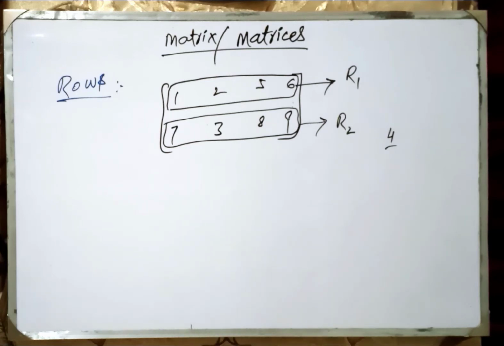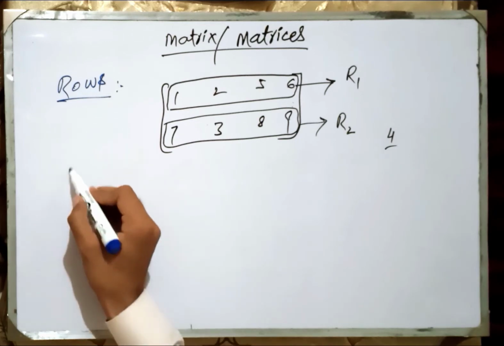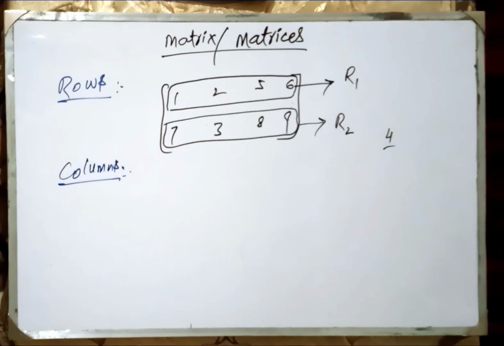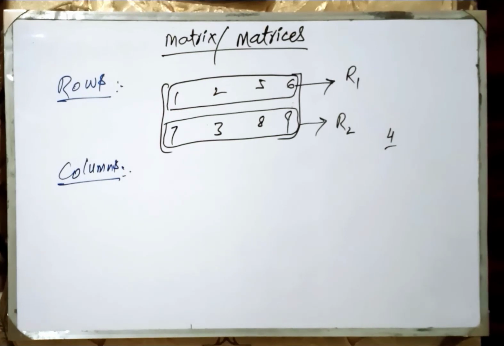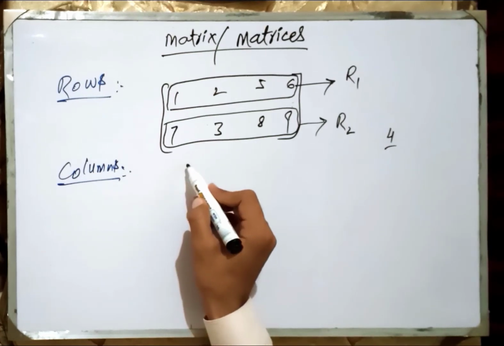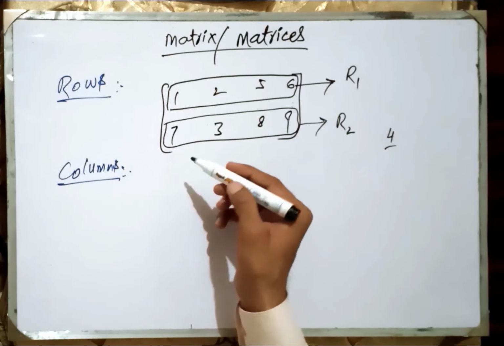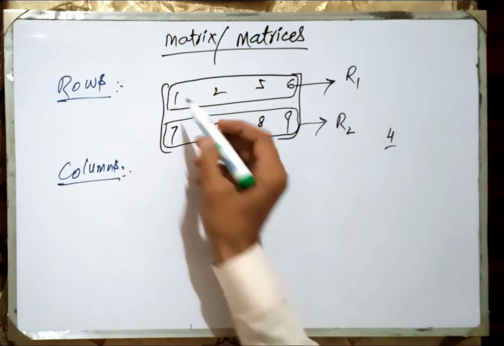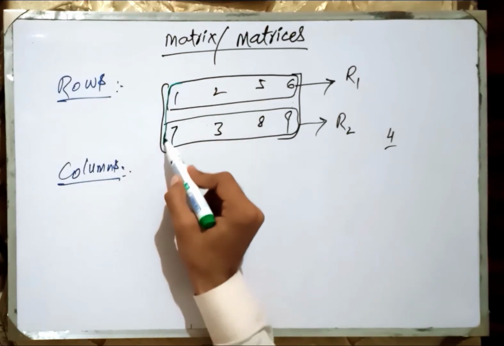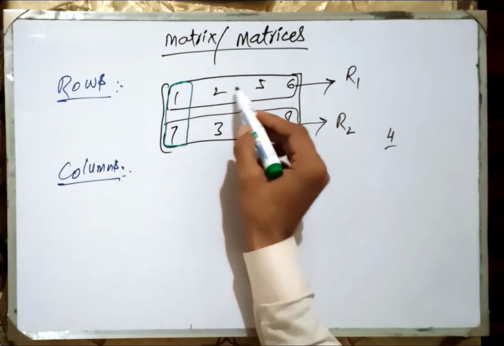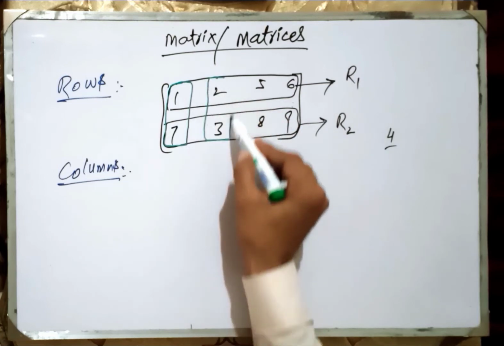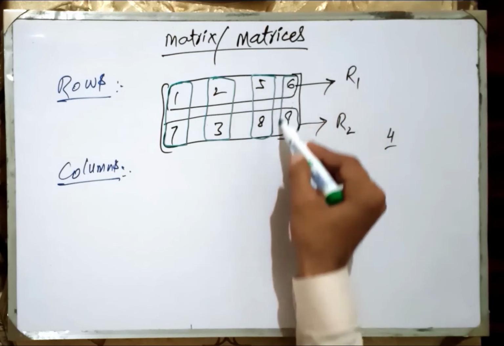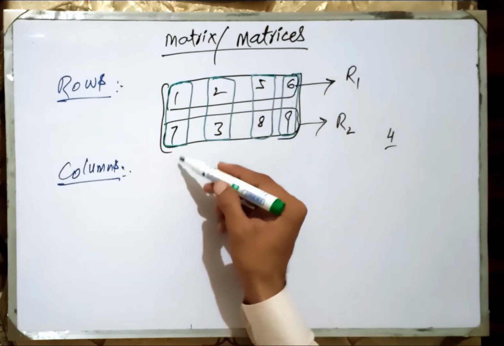Now we are going to discuss columns. The entries in vertical shape are called columns. In the above matrix, these entries are called columns of the matrix.